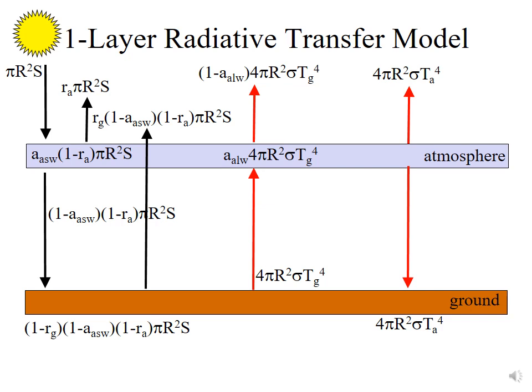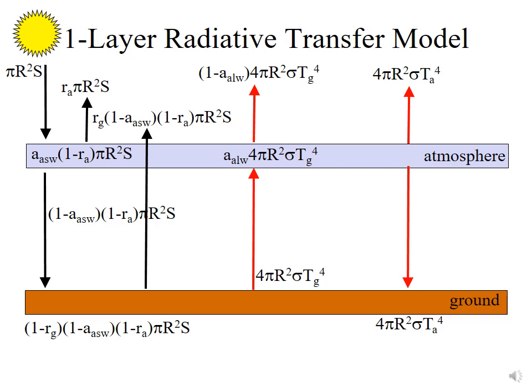Now we're going to move to the long wave radiation, which is the infrared energy. We'll start off with the stream of radiation being emitted by the ground. Remember, the amount of radiation emitted by the ground is 4 pi r squared, because it's emitted over the entire surface area of the sphere, times sigma times the temperature of the ground to the fourth.